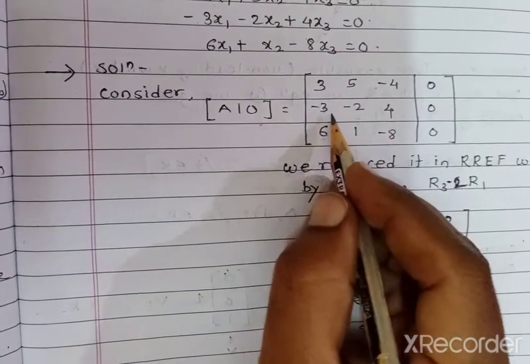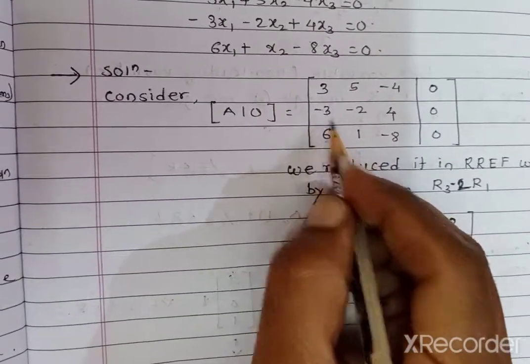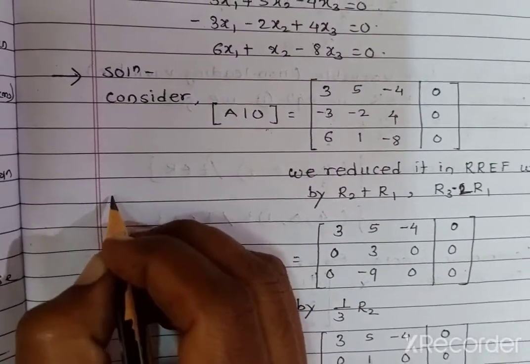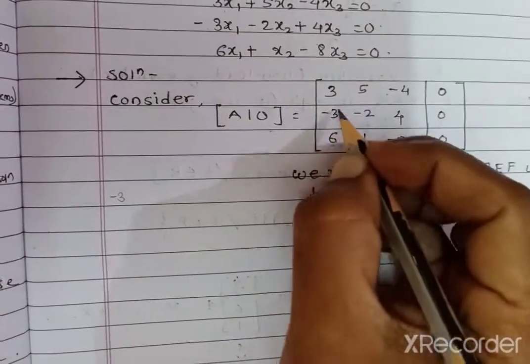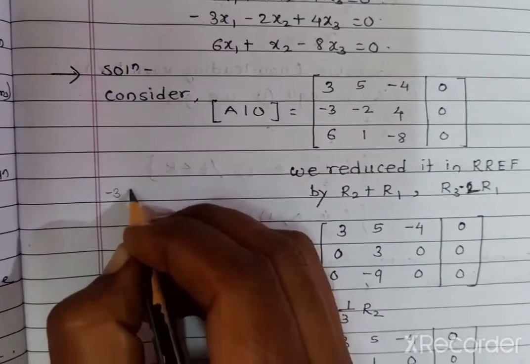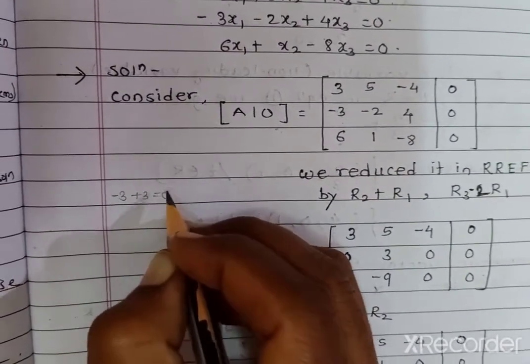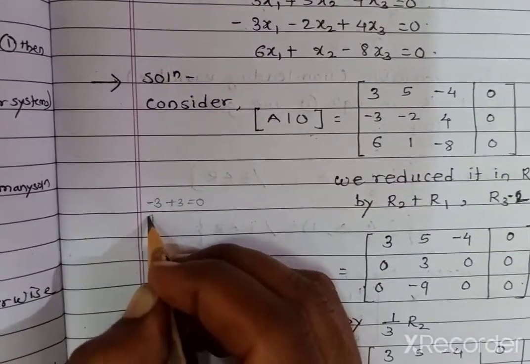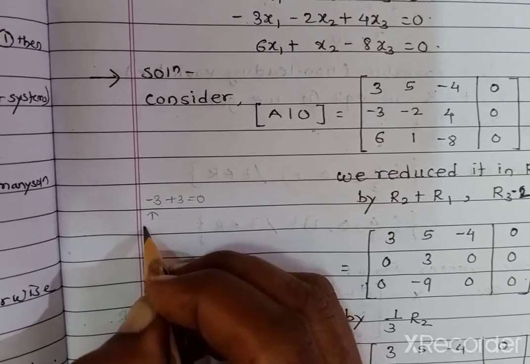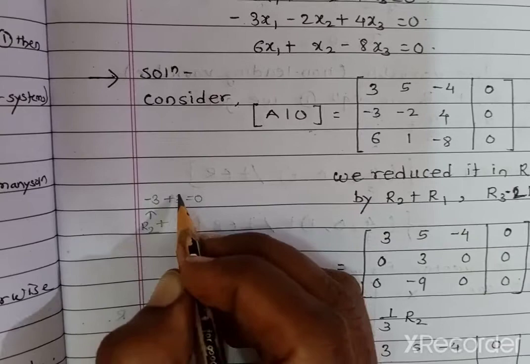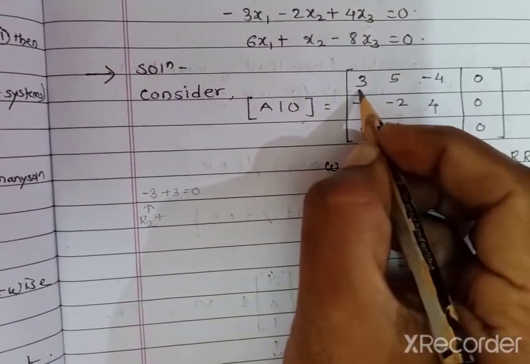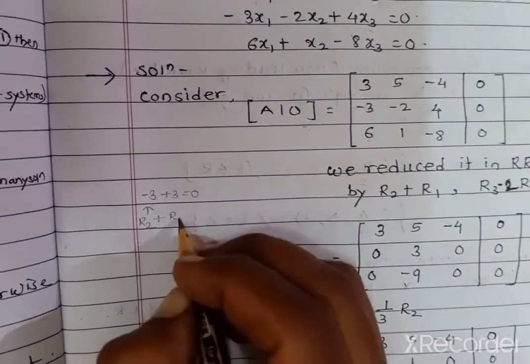So see here, minus 3. We make the changes in the second row. Minus 3 plus 3 we get as 0. So we write R2, the plus sign we keep as it is, and this plus 3 occurs in the first row.